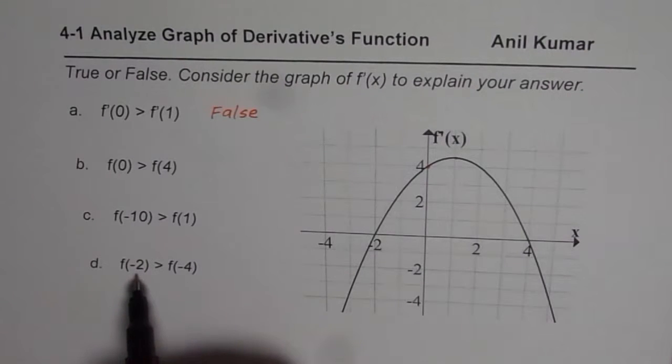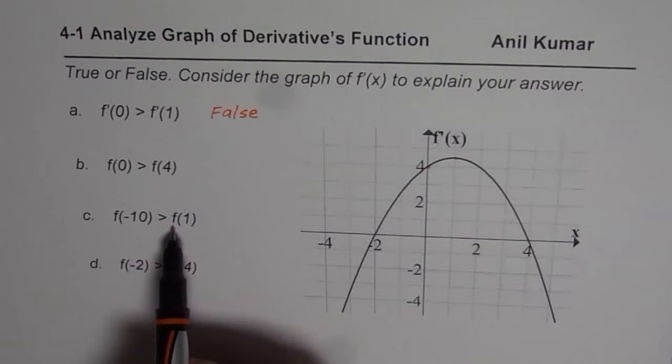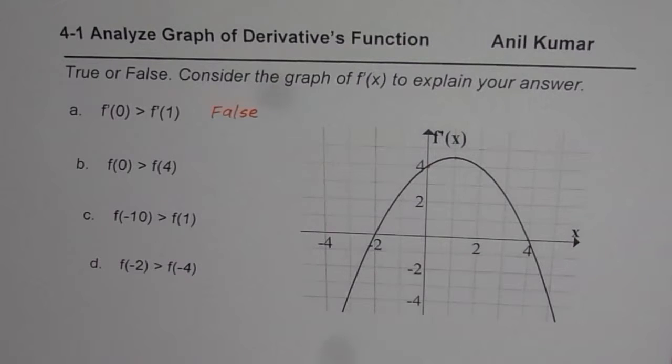Likewise, we have two more statements: the value of the function at minus 10 is greater than the value of the function at 1, and f of minus 2 is greater than f of minus 4. You can pause the video, answer these questions, and then look at my suggestions.